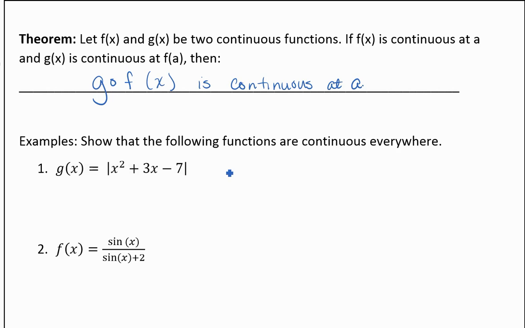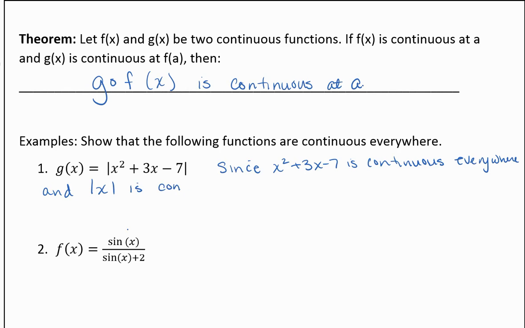Well, we can say that since x squared plus 3x minus 7 is continuous everywhere, and the absolute value of x, so kind of what we're plugging that into, is continuous everywhere, their composition must be continuous everywhere.